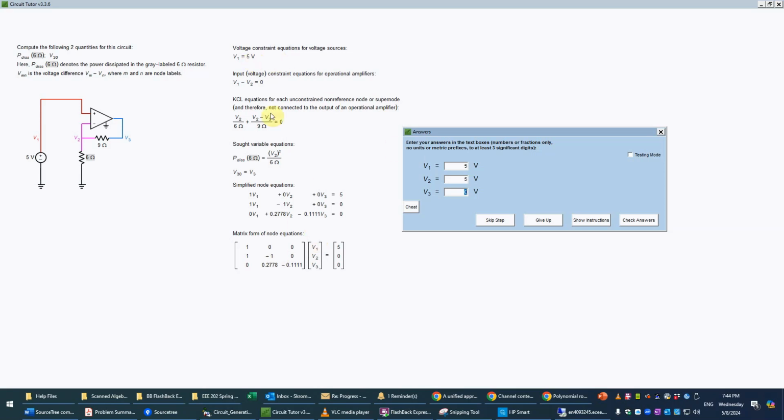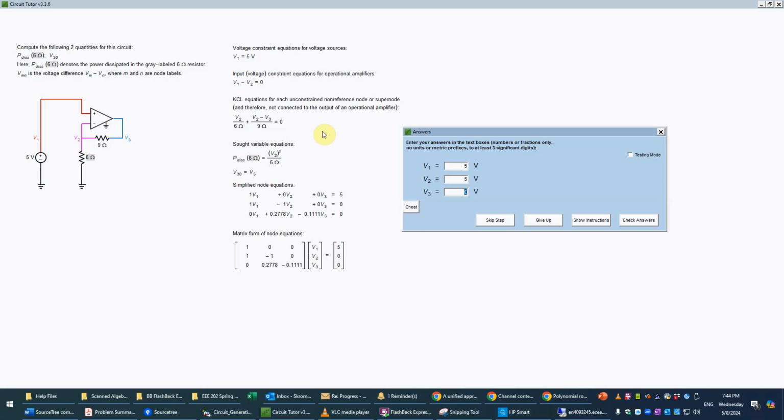But we could just take this equation and substitute 5 in for V1. Well, it's not even used, so we don't need it. But we can substitute in the V2 equals 5 into this equation, and that'll give us 5/6 plus 1/9 is equal to V3 over 9. And then we can just work out what that is. And I'll just do that real quickly, and I can also use the formula for non-inverting amplifier.